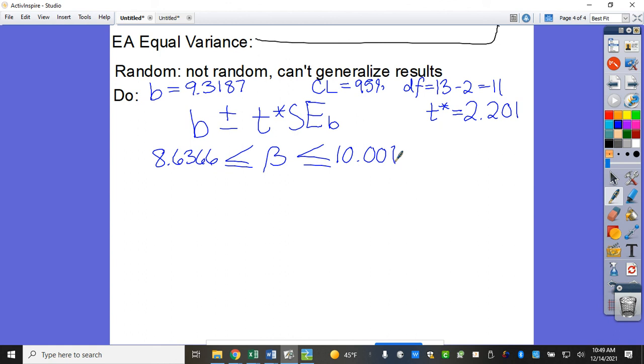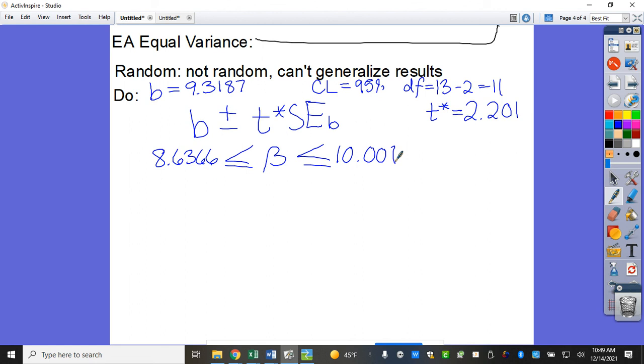Now, do I need to write the conclusion part? We are 95% confident that beta falls between here and here. I still don't see where you're getting it. Do you have it all typed in? Oh, I see it now. It's just your little coordinates. All right, questions with this one? And you're using list 1 and list 2, is that right? Yes.